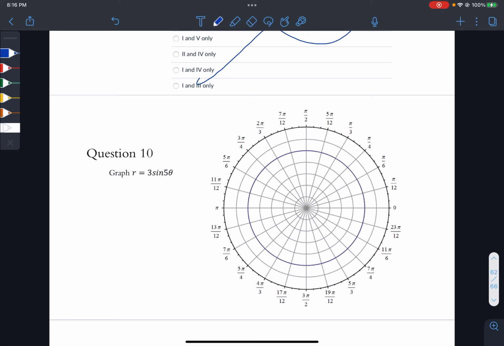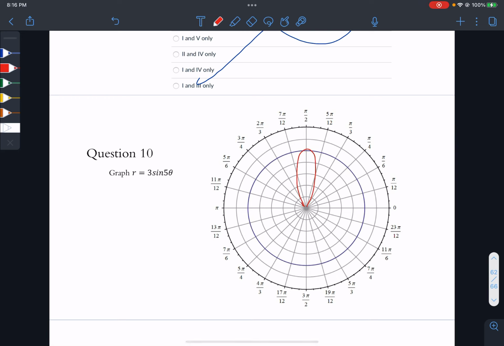So most probably, ito, just look, without even substituting. So this is 3 sine 5 theta. Okay? This is a rose. So this is a rose curve. 5 theta, that is odd, so 5 petals yon, right? And then sine theta, so this one is symmetrical along the pi over 2 axis. So kaya kung gagraph ko yan, manghuhula lang ako.